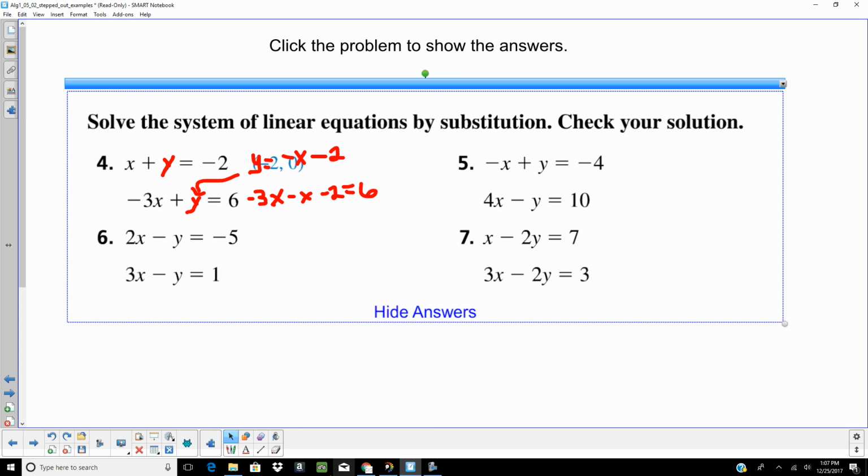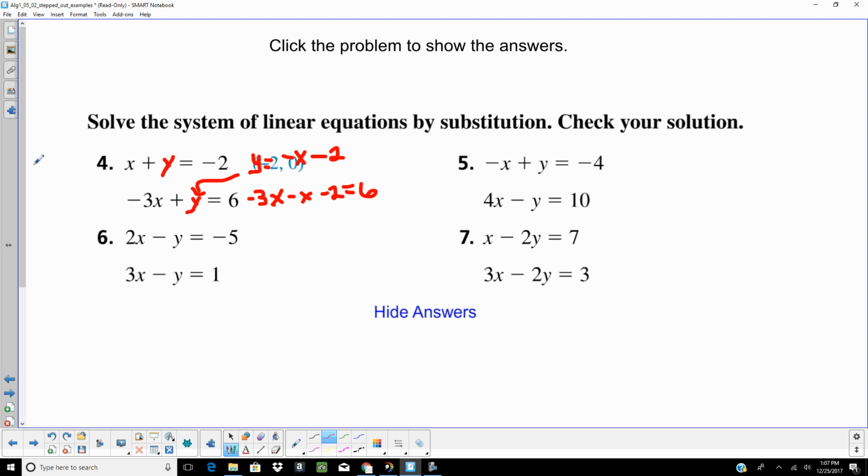The answer for number 4, it's kind of covered up, but it should be -2, 0. Because you're going to end up, do this down here, combine your like terms, and you get -4x minus 2 equals 6. Add 2 to both sides.